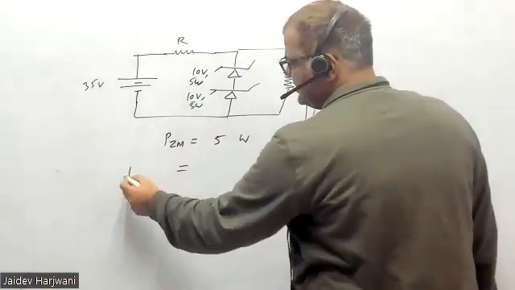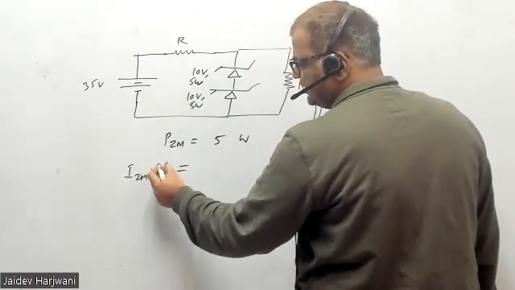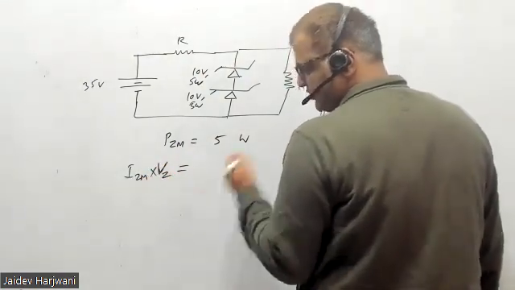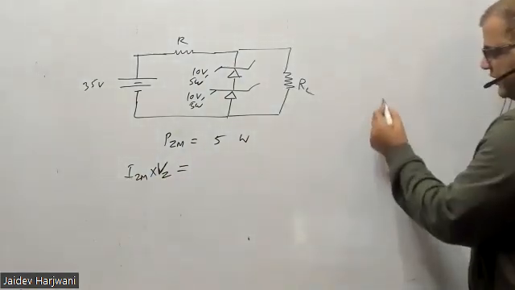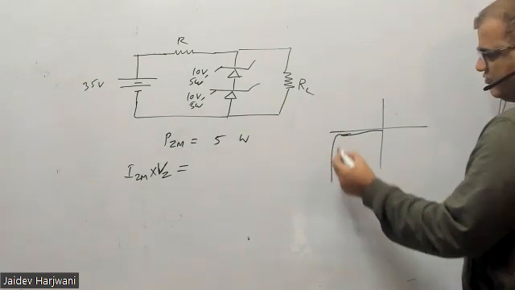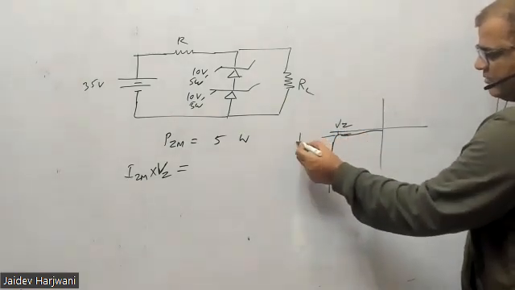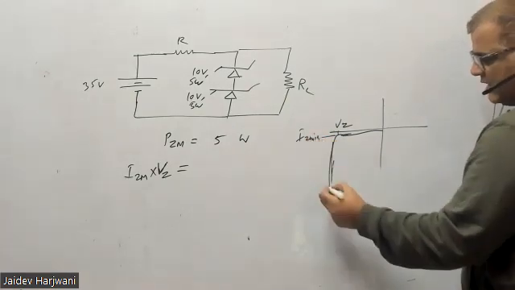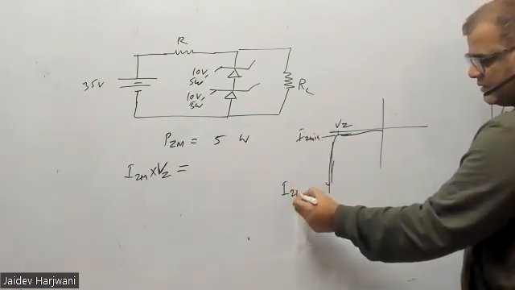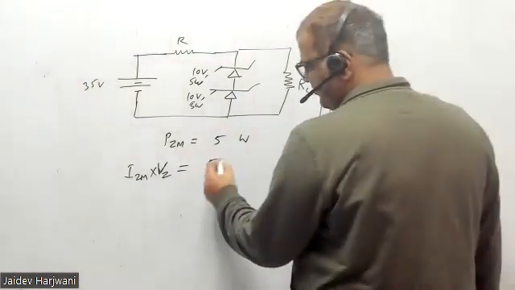PZ max is nothing but IZ max into VZ, because voltage will always be fixed, only current will change. If you remember the Zener diode characteristics, this voltage will become fixed, but current can go from IZ minimum to IZ max. So this is given 5 watt.